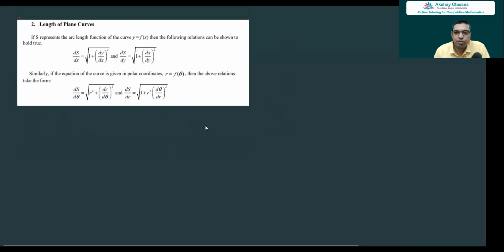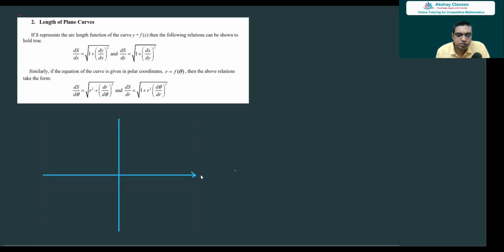This is very important. Now let us say we have a function. Now this is a curve. Now I want to find out the length of the curve between 2 points.